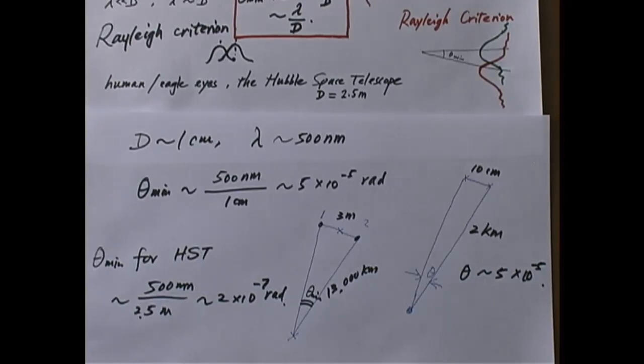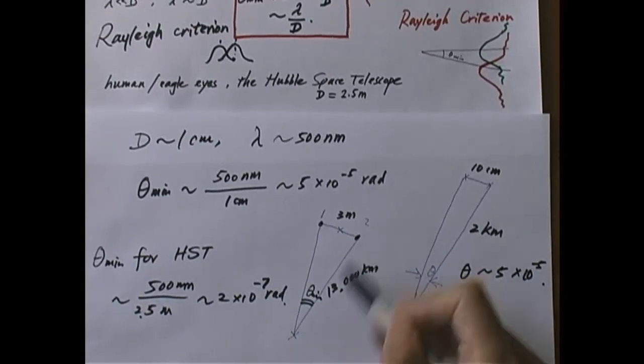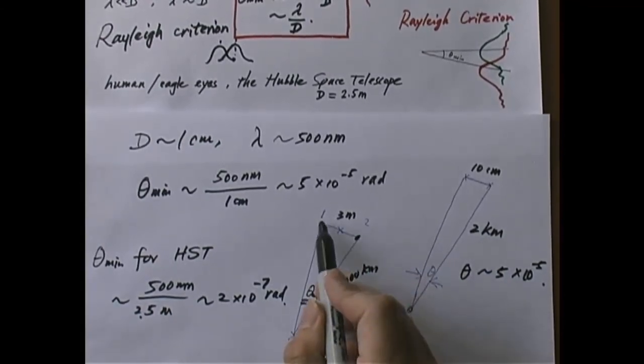And that is quite remarkable. Now imagine the same type of telescope with the same type of resolution looking down at the Earth from only 400 kilometers above the Earth, instead of looking at the Moon. So this distance is only 400 kilometers, you can certainly see things much better.